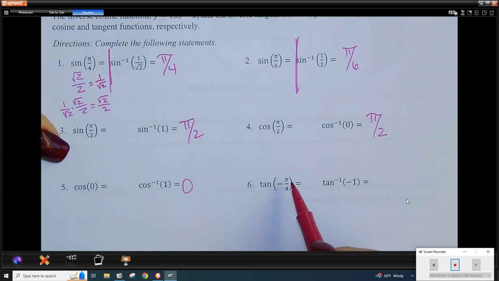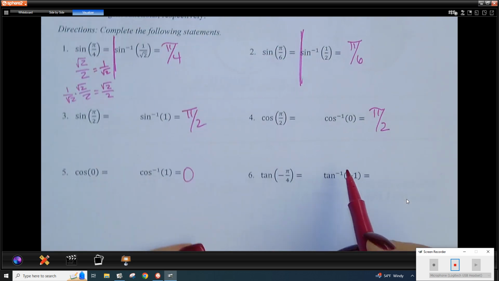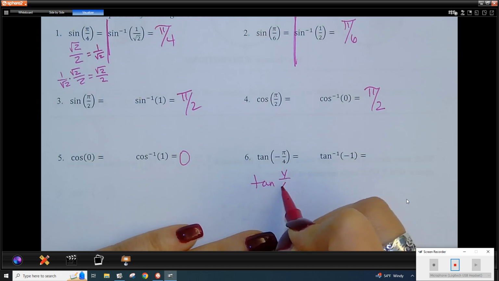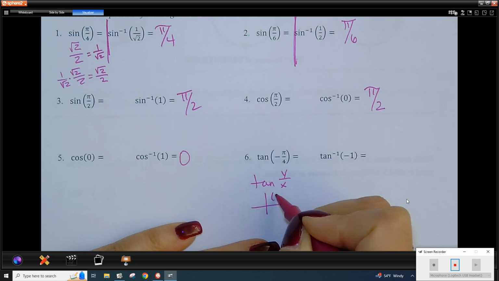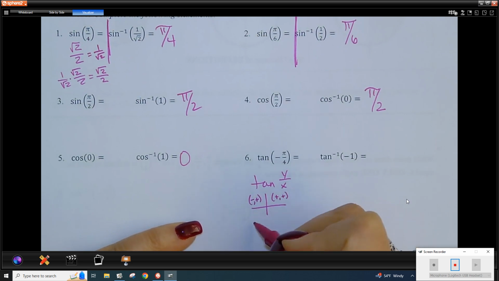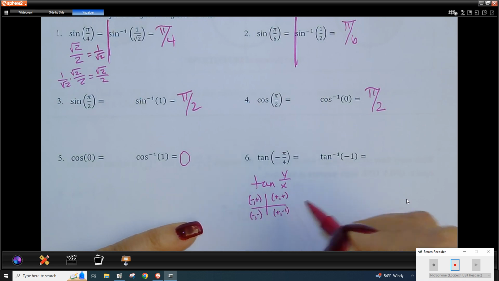Tangent is a little tricky. I'm going to cover this one. -1. Why? Because the tangent on the circle is y over x. So to be negative, you know this is plus plus. This one's negative plus, this quadrant is negative negative, and this quadrant is positive negative. Oops, I put a 1.